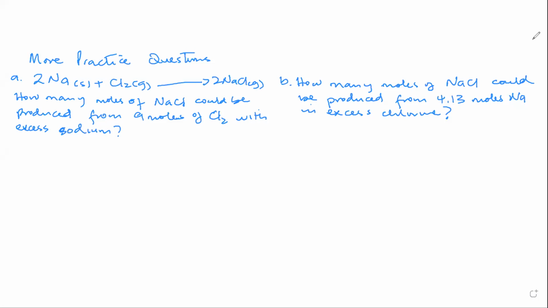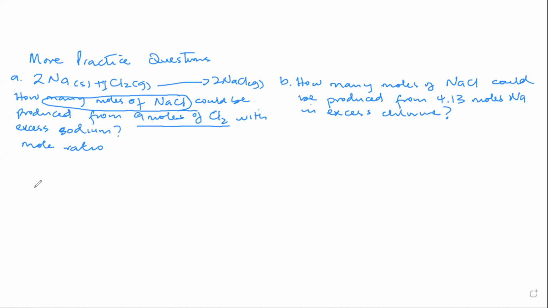Let's look at these practice questions together. We know 9 moles of chlorine gas. We do not know how many moles of sodium chloride. Again, we are going from one substance to a different substance. So from the balanced equation, remember when a coefficient is not written, it means 1.